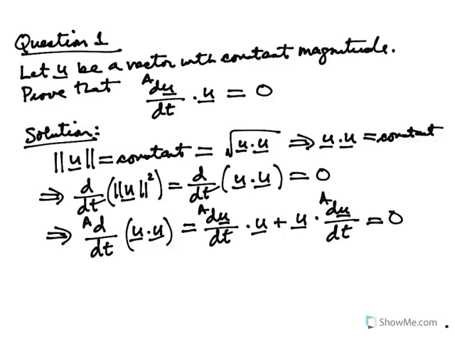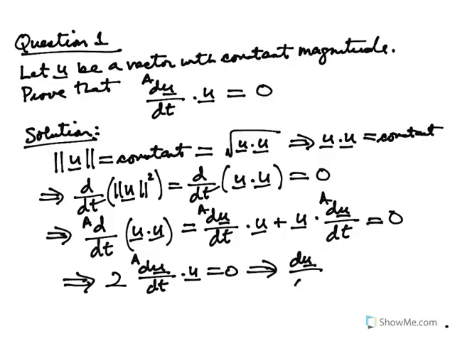But du dt in A dotted with U is equal to U dotted with du dt in A, so that gives me 2 du dt in A dotted with U equals 0, which implies that du dt in A dotted with U is equal to 0, which is the result that we wanted to prove. So that's the solution to question 1.